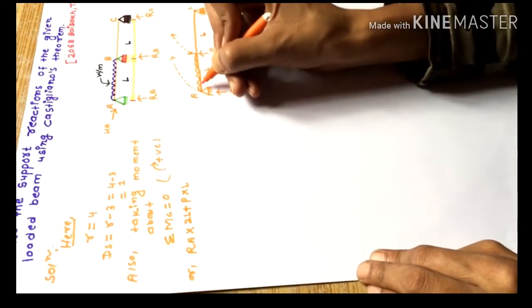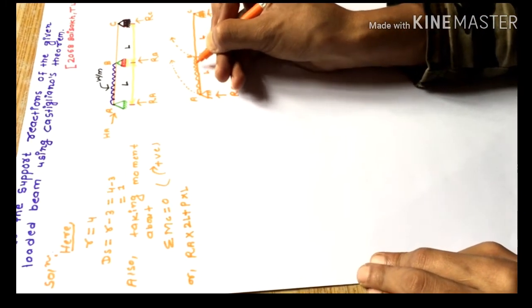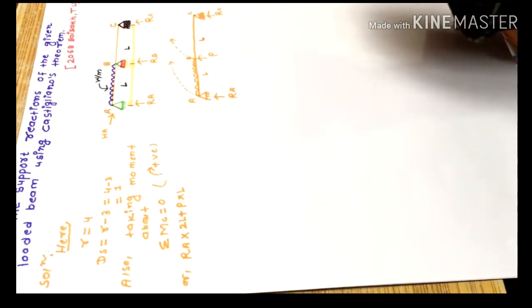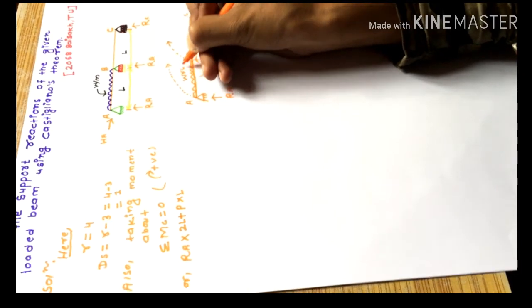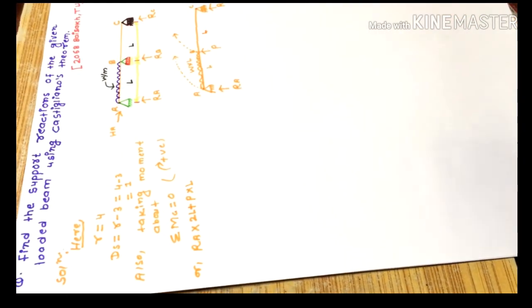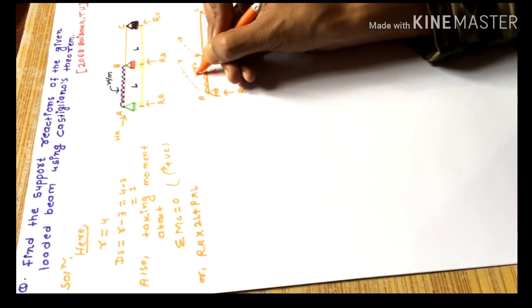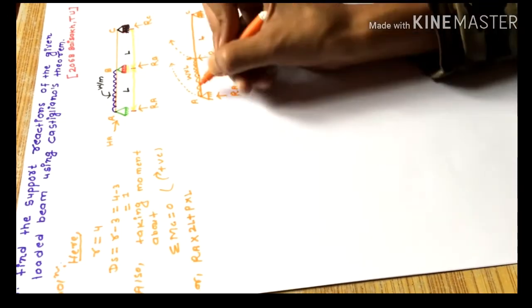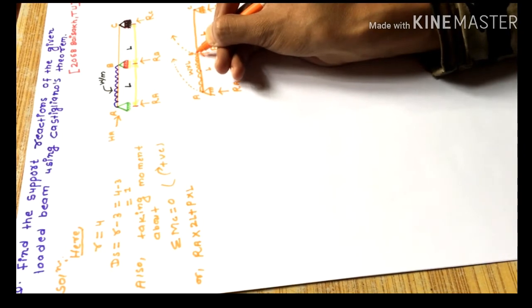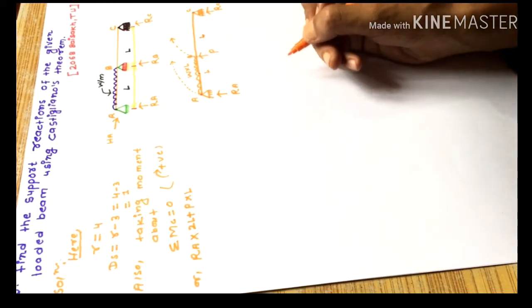Also here the uniformly distributed load is acting from A to B. So at first let us change this uniformly distributed load into a point load, that is W multiplied by L, and this W into L point load is acting at half of this portion, that is at L by 2.